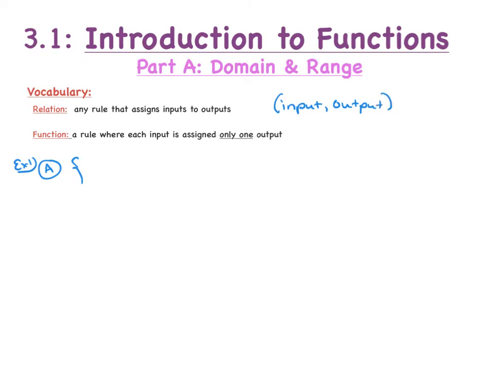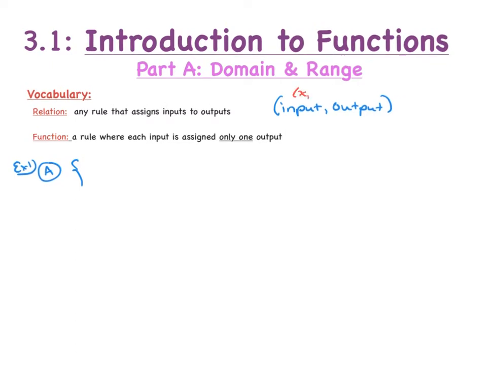We call this ordered pair notation. A lot of times, you've probably seen this with an X, Y notation. So they don't have to be numbers. Let's say we use the relation that we're all really familiar with, grades and students.